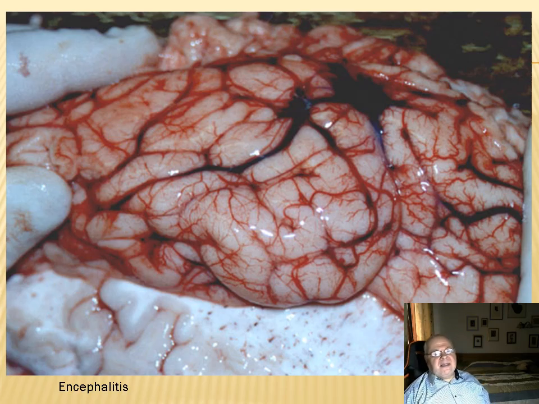Here at the surface of the brain, we have the arachnoid layer and pia mater layer covering the brain. Between them is a subarachnoid space in which we have the cerebral fluid present.